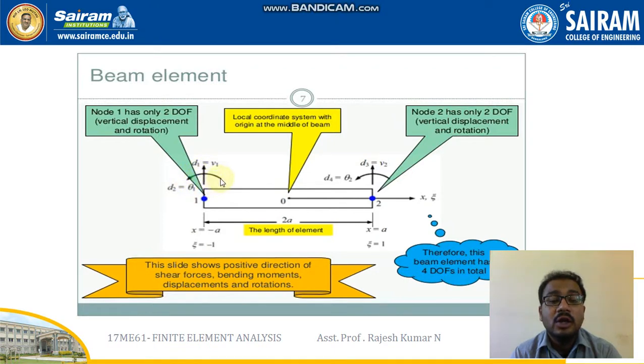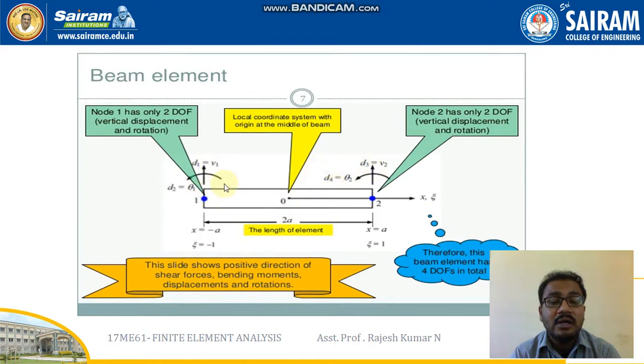Here you can see at node 1 and node 2 the slope, which can also be called deflection, rotating in the anti-clockwise direction. It is denoted as theta 1 and theta 2, and in some textbooks V1 and theta 1 can also be denoted as D1, D2, D3, D4. If you are comfortable with D1, D2, D3, D4, you can go with that. But I will be following V1, theta 1 for node 1, and V2, theta 2 for node 2.